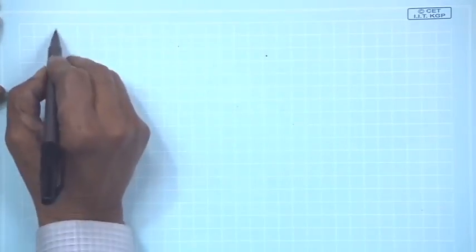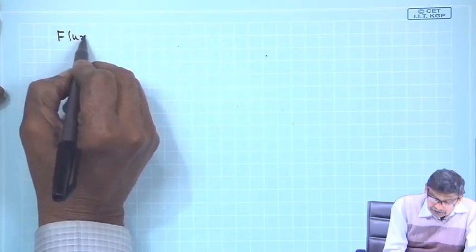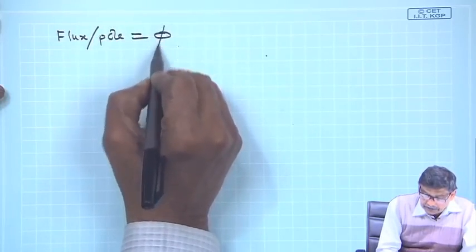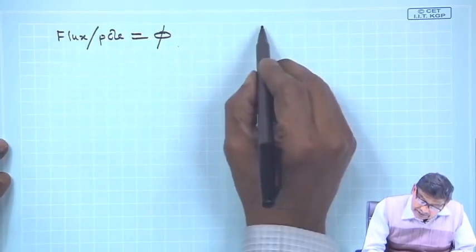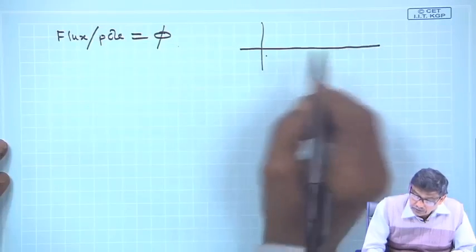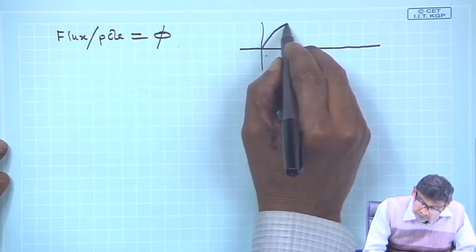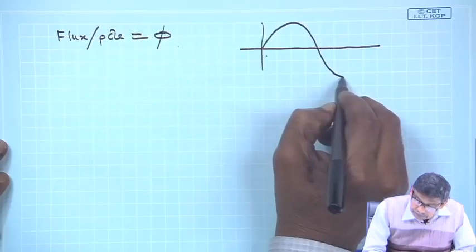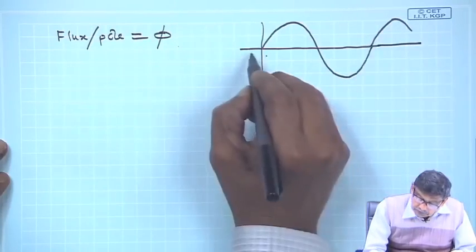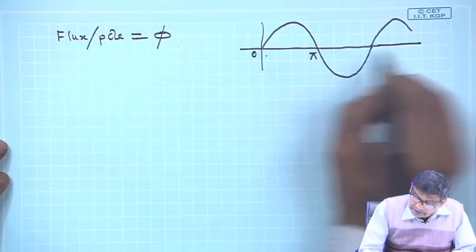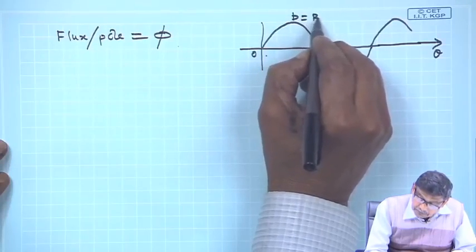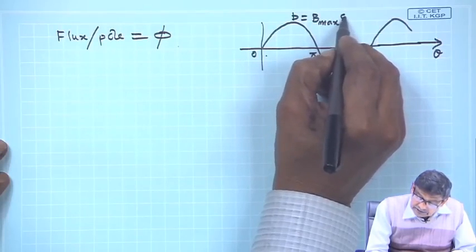Now, what is flux per pole? Flux per pole is denoted by phi, and as it indicates, flux is flux density into area. So this is 0, this is pi, this is your electrical angle theta, and B is equal to B max sin theta.